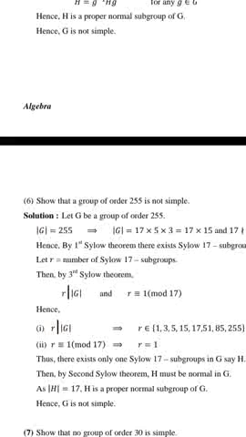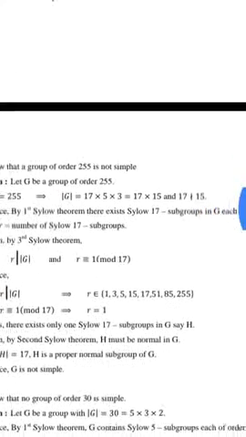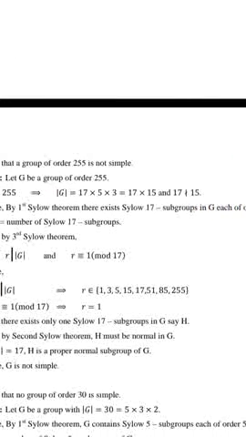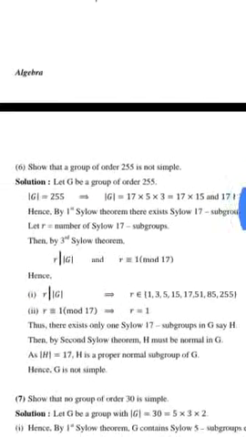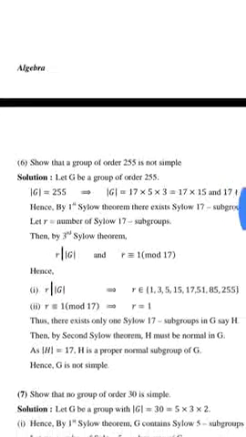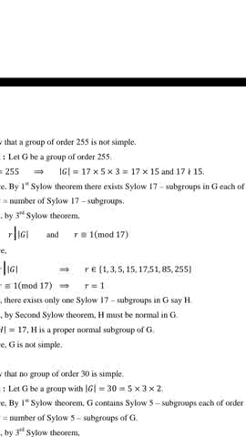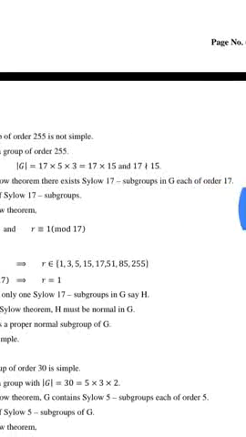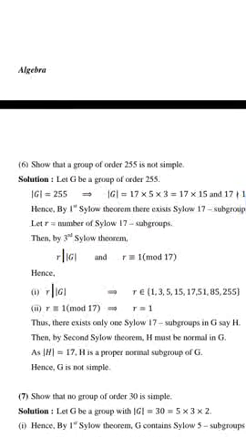The order of G is equal to 255, which is 17 multiply 5 multiply 3, equal to 17 multiply 15, and 17 does not divide 15. By the first Sylow theorem, there exists a Sylow 17 subgroup in G, each of order 17.